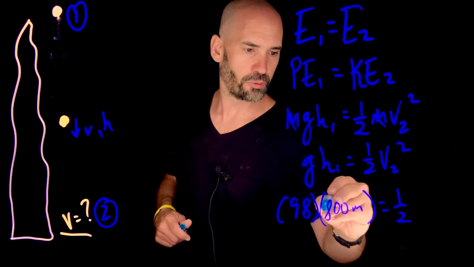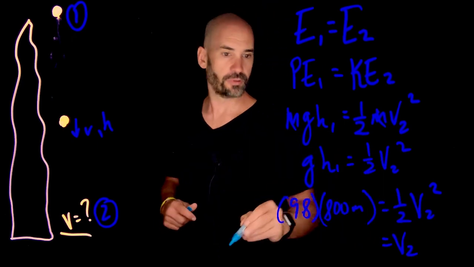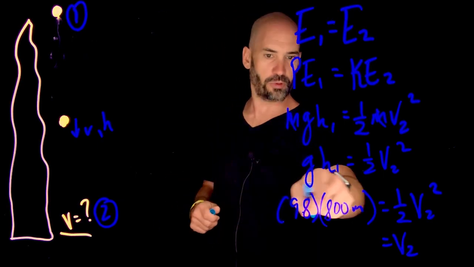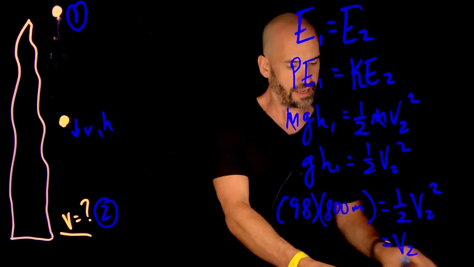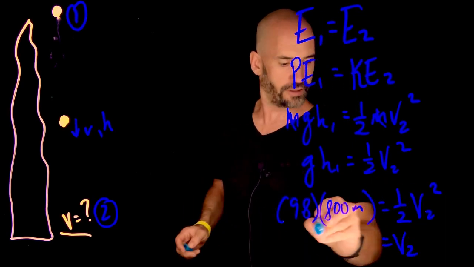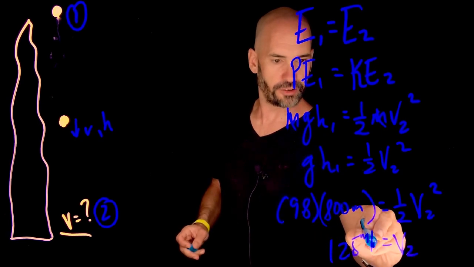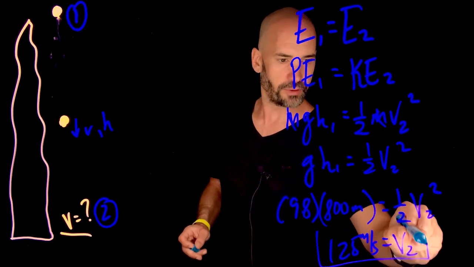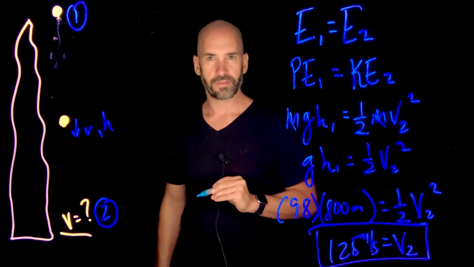And that's times 1/2 v2 squared. So I go ahead and I solve for v2, right? Multiply by 2, take the square root of this product, and I get a value of 125 meters per second. Okay? That's my value for v2.